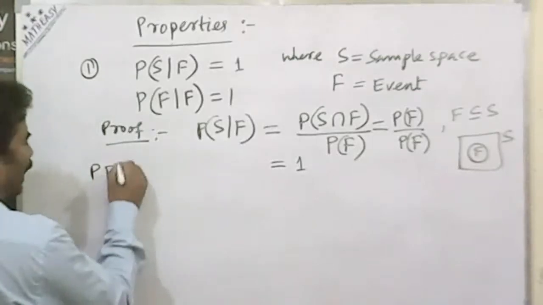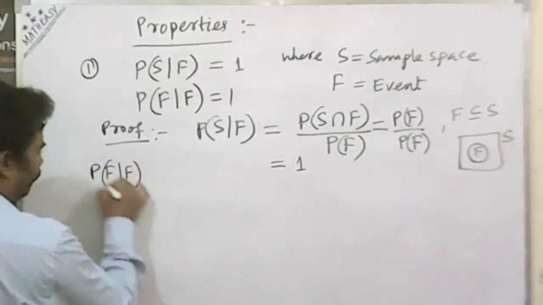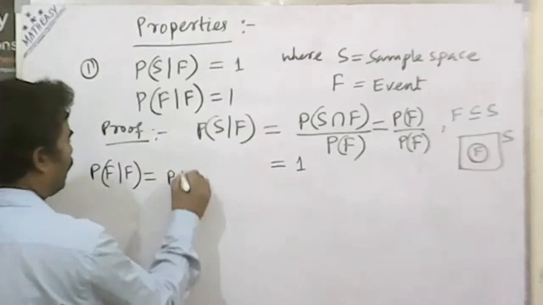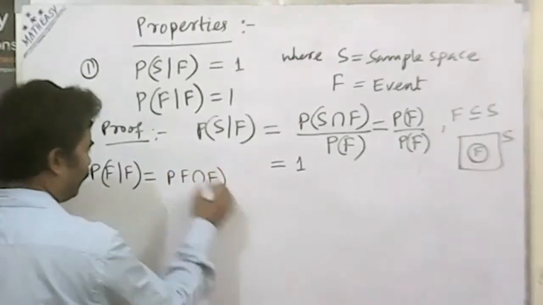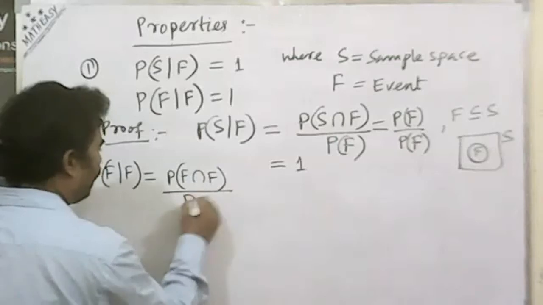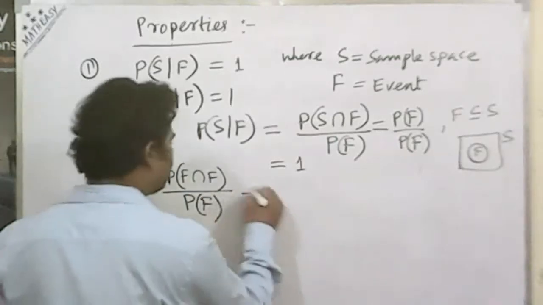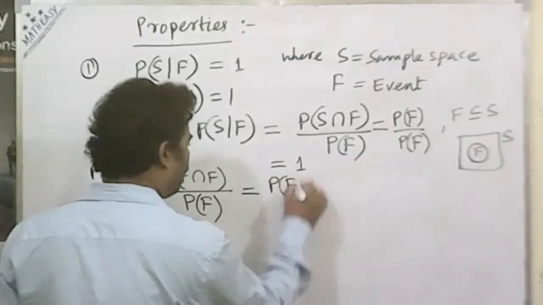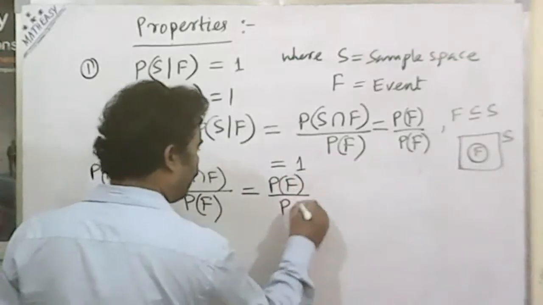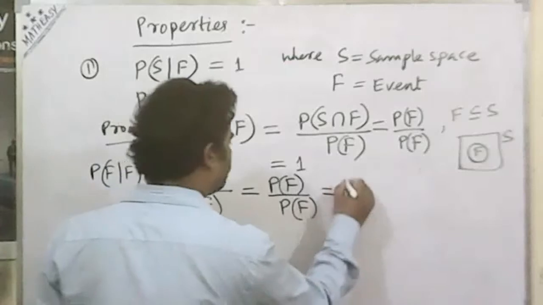Similarly, probability F conditioned on F is equal to probability F intersection F divided by probability F. That means probability F by probability F is equal to 1.